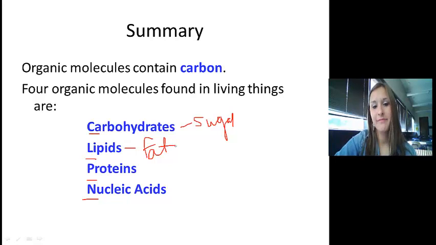Pooping, funny, but poop, you can remember Ashley ate poop. Amino acids make up proteins. And finally, newspapers. Candy loves pooping newspapers. Newspapers carry news, carry information. So nucleic acids carry genetic information. And that's all.